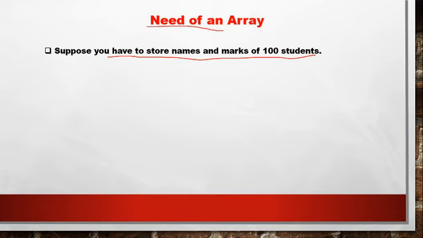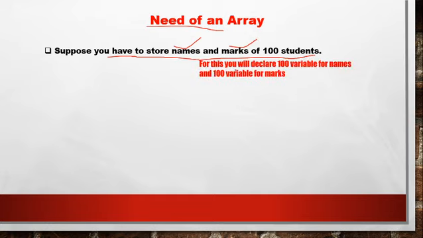You don't know the concept of array. What will you do? You will declare 100 variables for names and 100 variables for marks. So the total variables become 200.